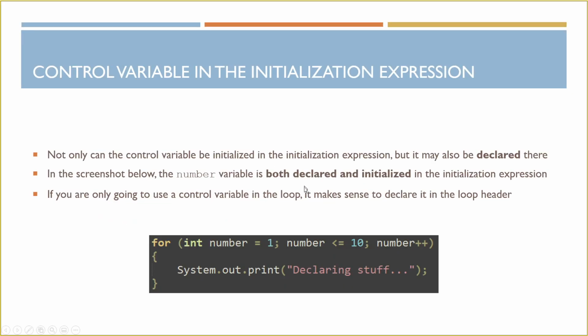And like I mentioned, we can actually initialize and declare a control variable in the loop header. If we're going to use a control variable in the loop, and that's the only place we're going to use it, it makes sense to just declare it in the loop header instead of at the top of your program or something.